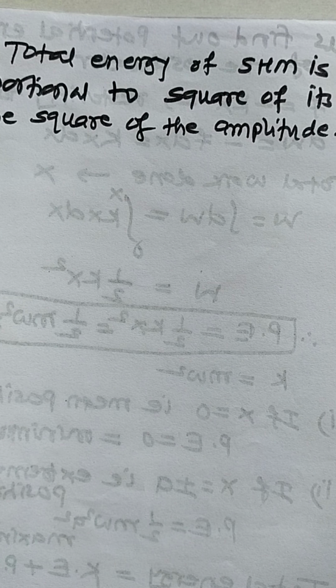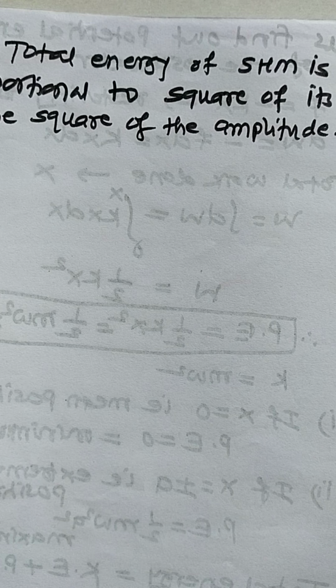Thus we see that during the SHM, the total energy of the oscillator alternates between kinetic and potential forms. In the mean position the energy is entirely kinetic, while in the extreme position the energy is entirely potential. In any other position the energy is partly kinetic and partly potential, but the total energy is always constant.